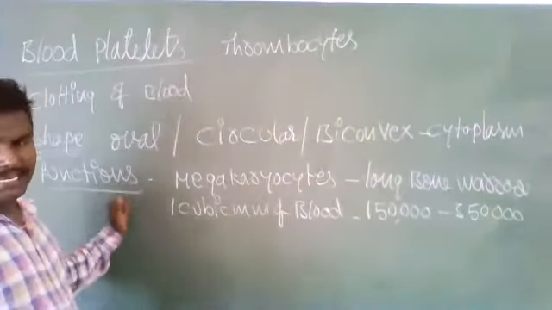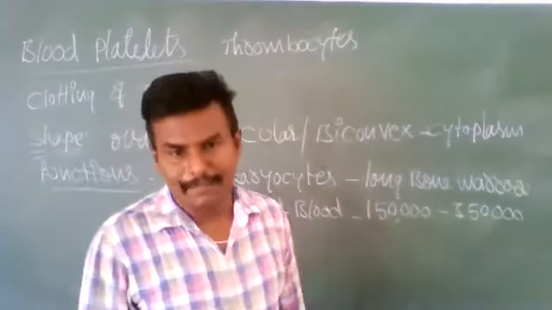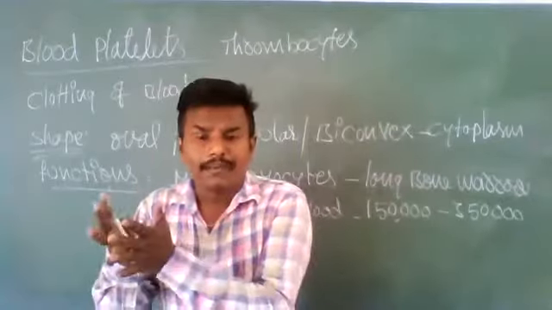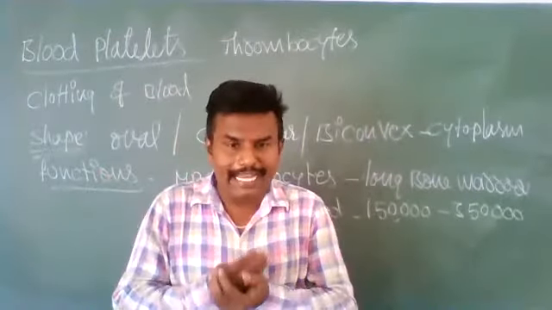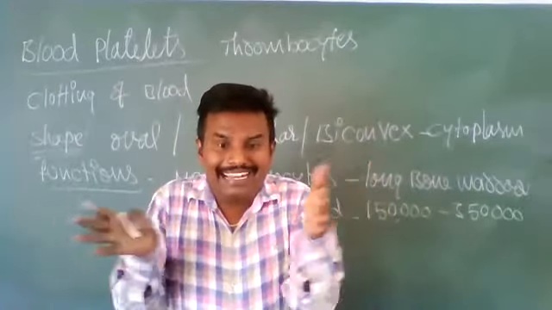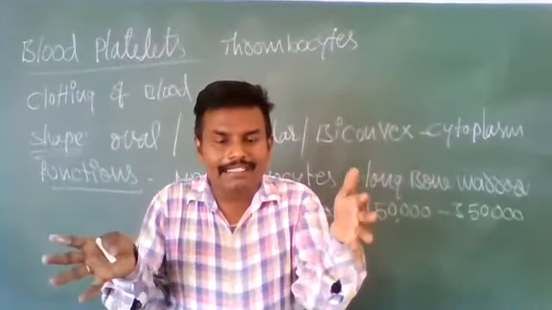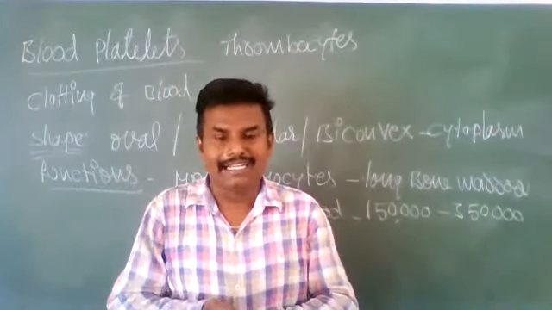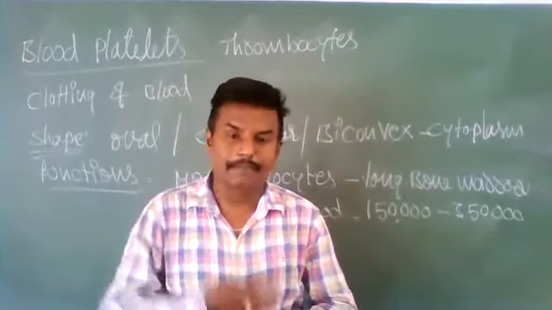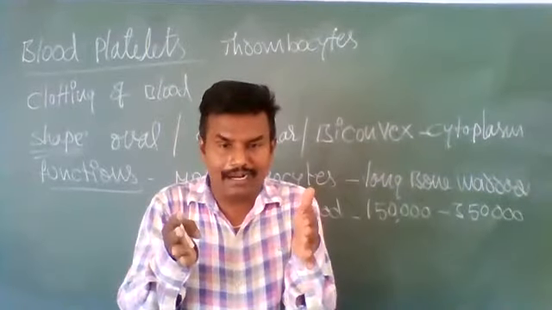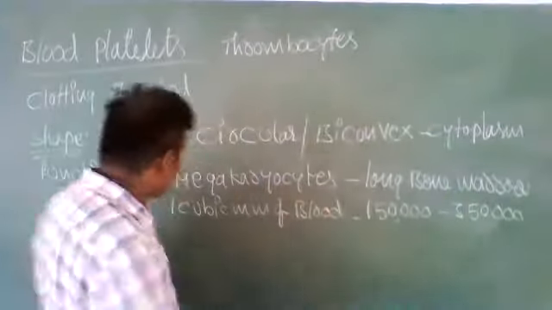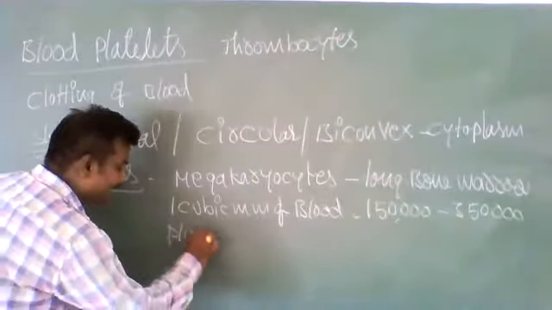So these are mainly involved in the clotting of the blood. Whenever any wound occurs or blood vessels are ruptured, at that place all the platelets collect at the site and stop the bleeding.